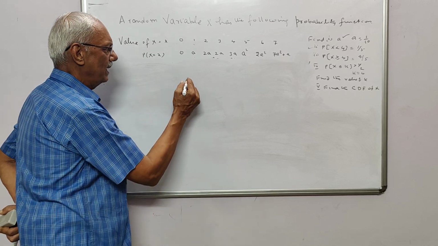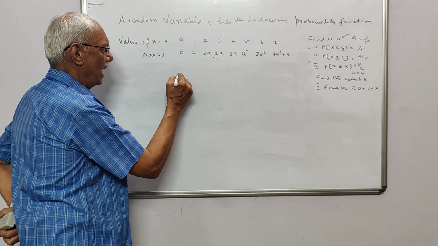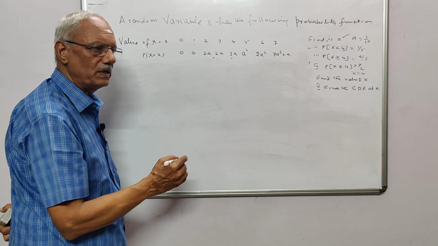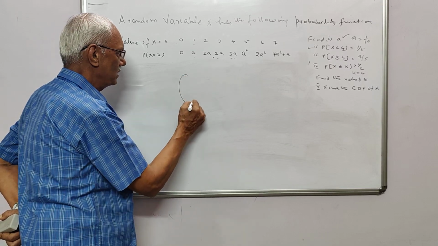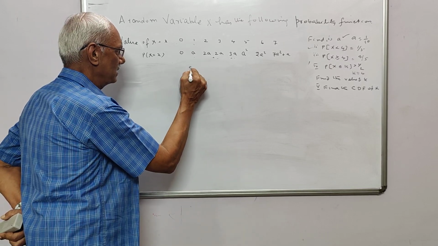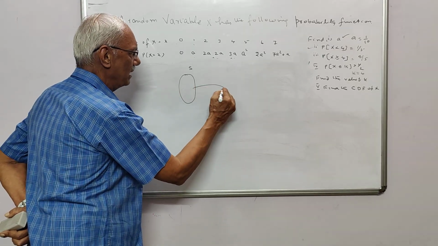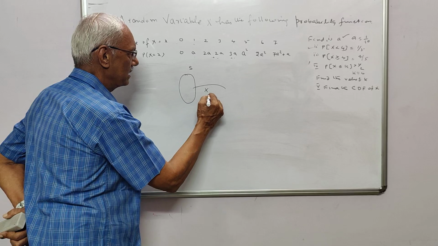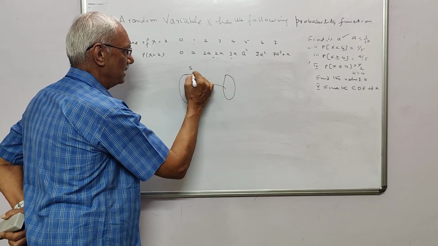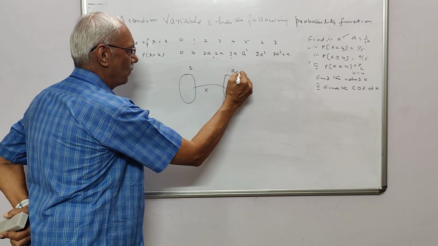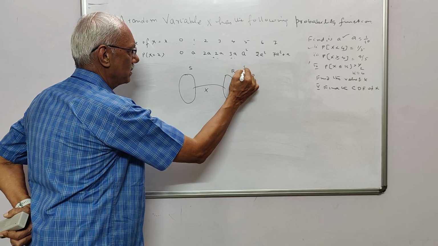By random variable, I simply mean I conduct one experiment in which you get the sample space. You define a function x from s to the set of all real numbers.